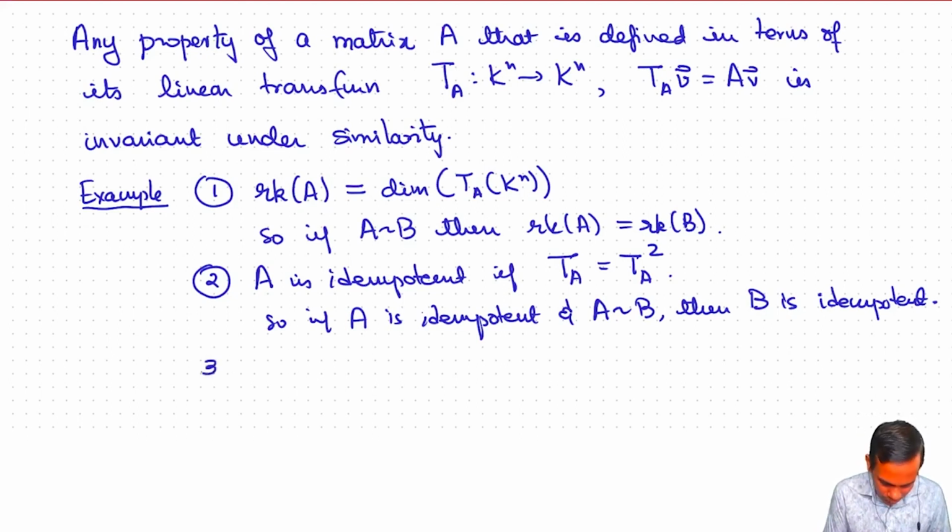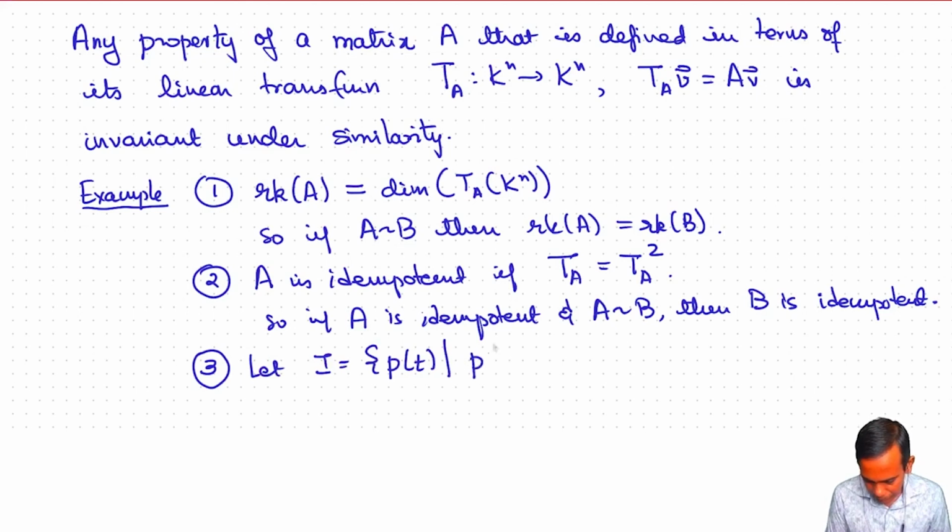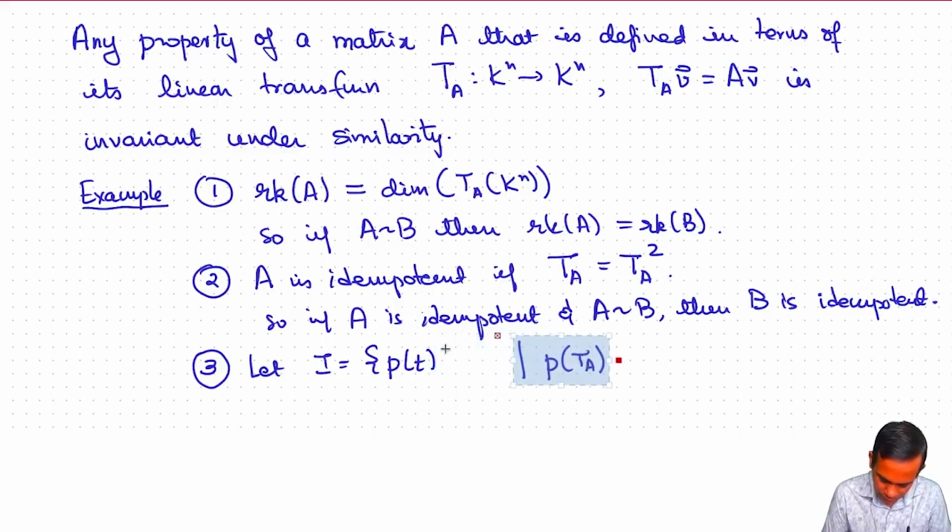Here's a somewhat more interesting one. Let I be the ideal of all polynomials P(t) in K[t] such that P(TA) is the zero linear transformation. So given a linear transformation and a polynomial, P(TA) is again a linear transformation.